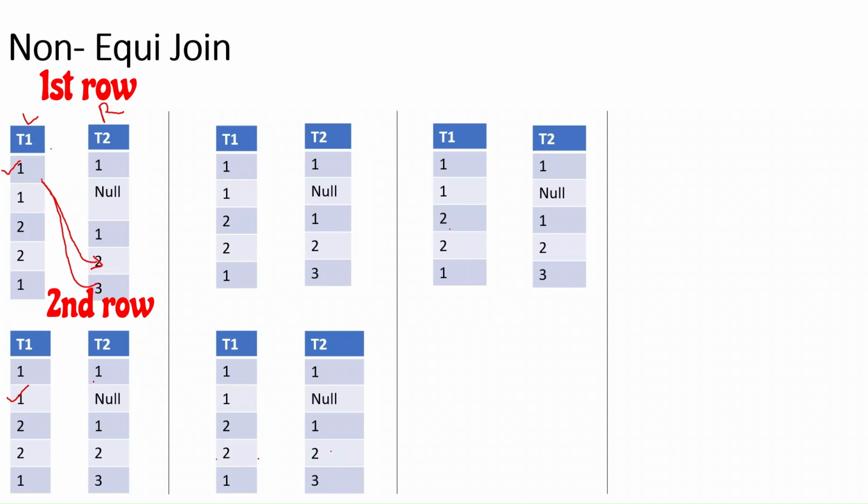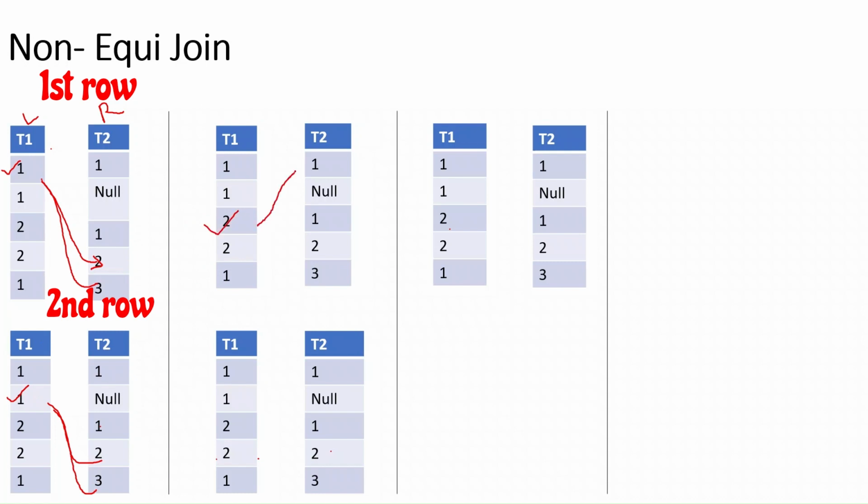Move on to the second row here. In the second row, in the second table, the first row, 1 is present and matched, so it won't take it because it is a non-equi join. Next, 1 is present, it won't take, then it will take the 2 and 3. Second row finished.